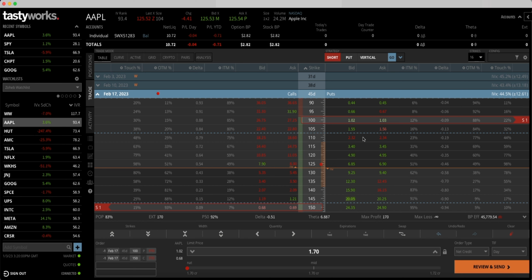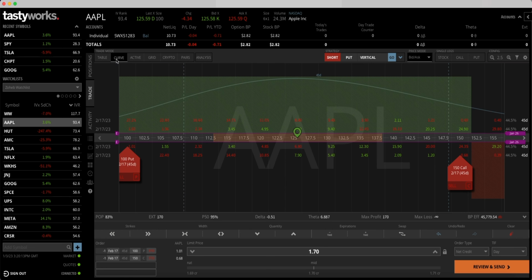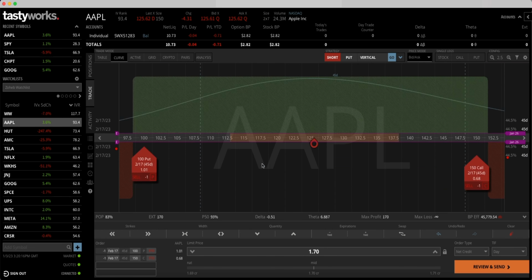And you can see here when you set this position up, we have a mid-price credit of $1.70 or $170. Now, the key things here that I want to show you, if we look at it from a curve perspective, if Apple stays between 100 and 150, that is my profit zone.